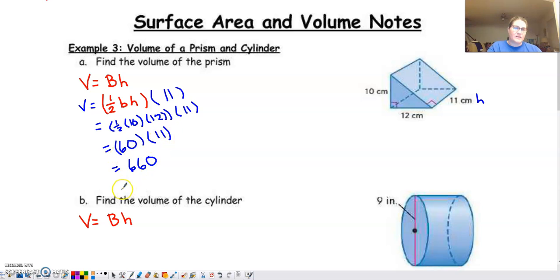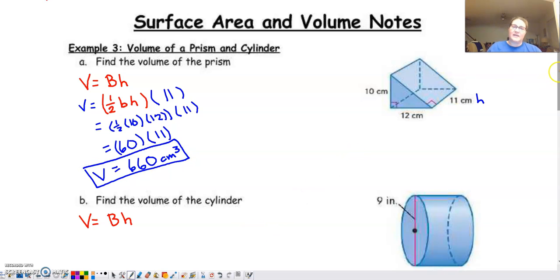So 60 times 11 is 660. There's the volume of my triangular prism, and it's going to be centimeters cubed, because 1, 2, 3 centimeters are being multiplied together.